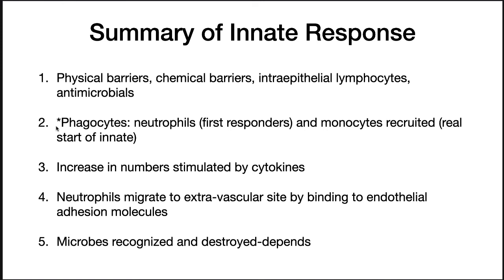Three, there's an increase in numbers of these immune cells, which is stimulated by cytokines. Four, neutrophils migrate to extravascular sites by binding to endothelial adhesion molecules and squeezing through and getting into the area. Microbes are then recognized and destroyed. How they are destroyed and how successful they are depends upon how many microorganisms and how virulent the pathogen is.